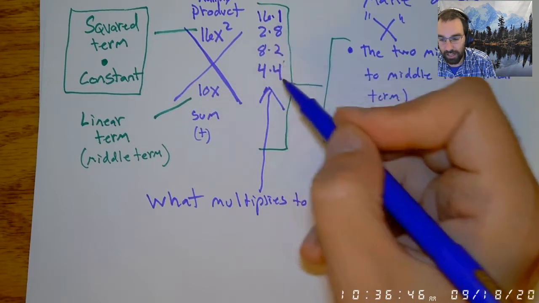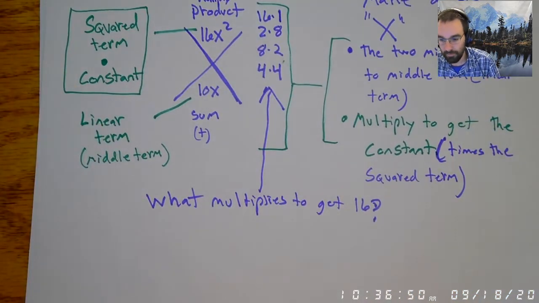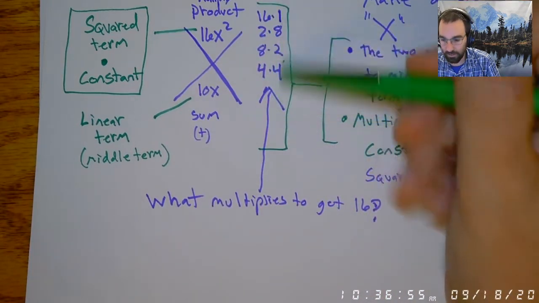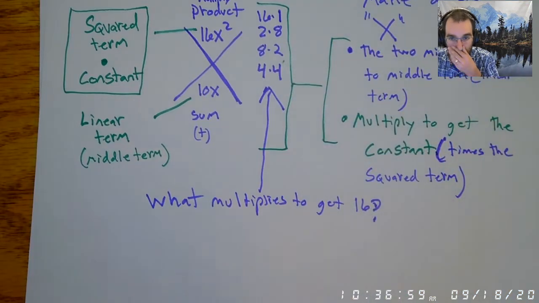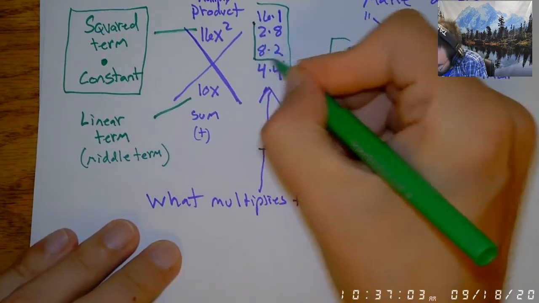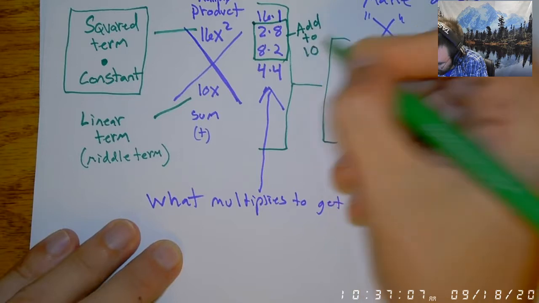So which one of these add up to 10? So out of this list, which one of these add up to 10? You can type it in chat. Yeah, 2 and 8. So these two right here, they add to 10.